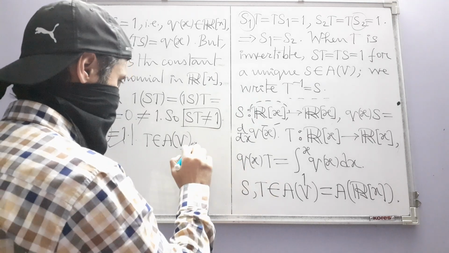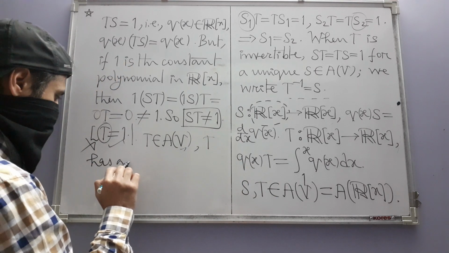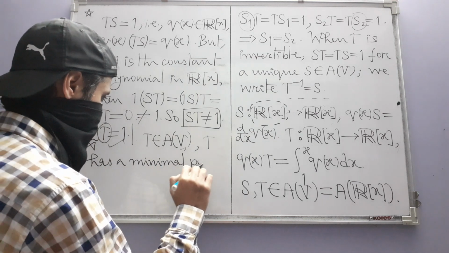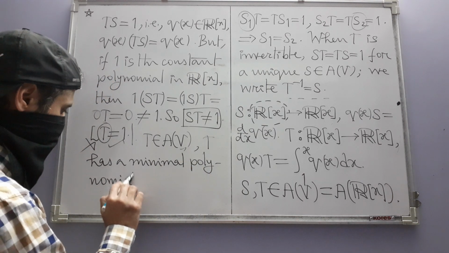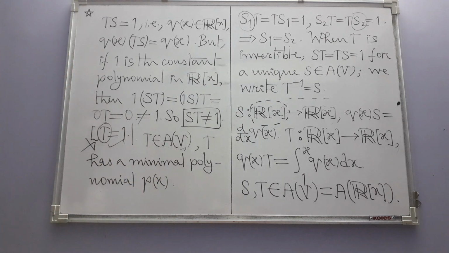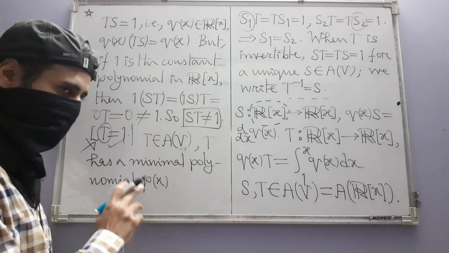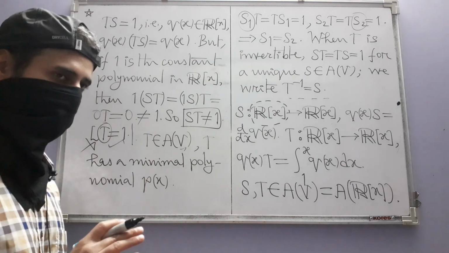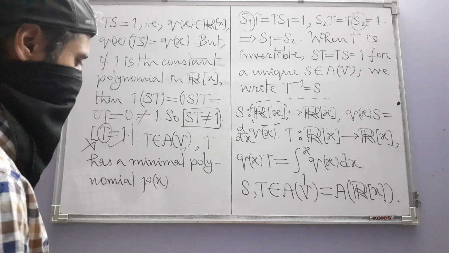Then we know that T has a minimal polynomial P of x, say. There may be others, we have already said that this is not necessarily unique, but it has the smallest possible degree of any non-zero polynomial that T satisfies.